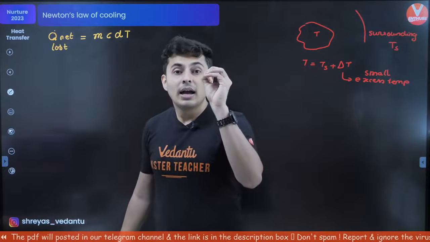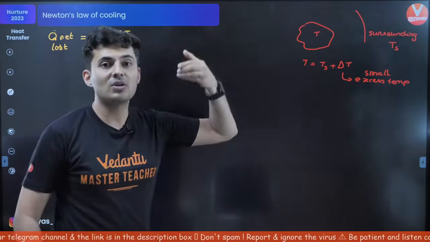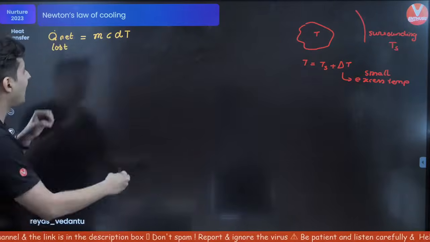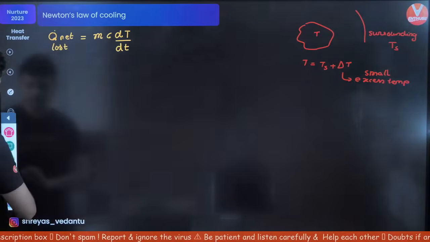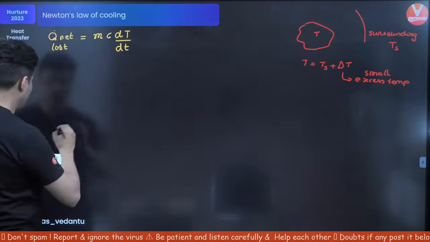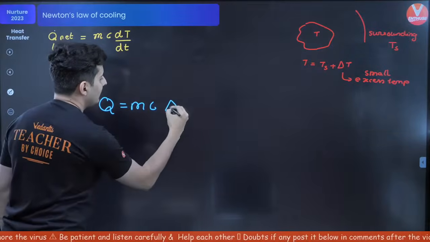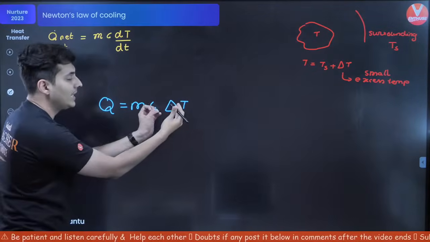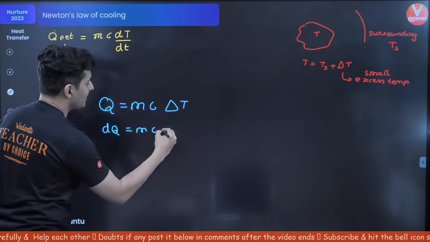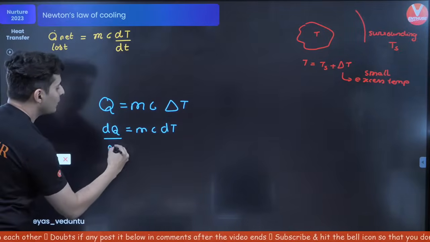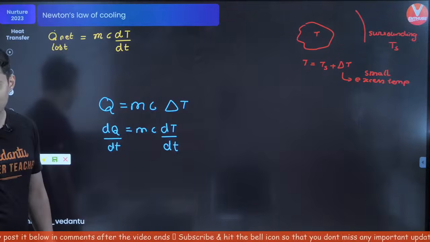Because there is a dot over there, that dot stands for rate of change of heat, so that's why I have to divide it with small dt over here. Those of you who did not get that, I'll repeat. Usually your Q is equal to mc delta T. This Q is finite, delta T is the change in temperature. But when you have dQ, then it will become mc dT. And when you divide dQ with dt, then it will become mc dT by dt. Is that understood, my warriors?